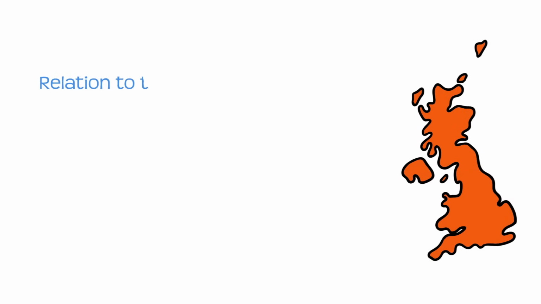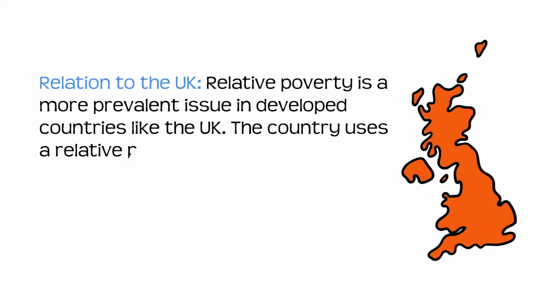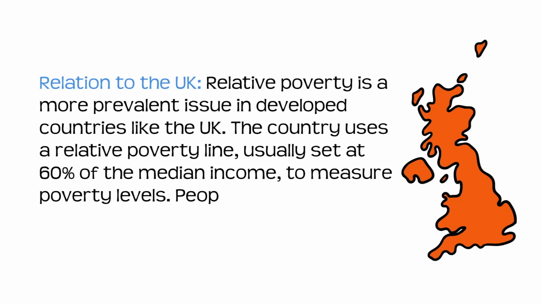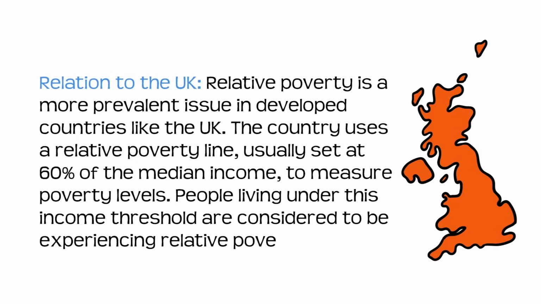Relation to the UK. Relative poverty is a more prevalent issue in developed countries like the UK. The country uses a relative poverty line, usually set at 60% of the median income, to measure poverty levels. People living under this income threshold are considered to be experiencing relative poverty.